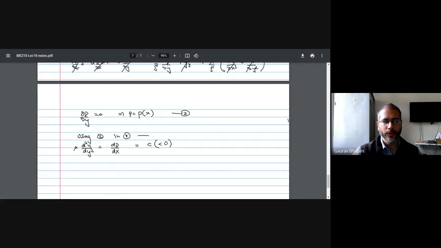If two values are equal, where one is purely a function of y and one is purely a function of x, and x and y are independent, then this can only be possible if both of them are equal to some constant c. The other thing we noticed was that since dp by dx is negative, because that is how we specified the conditions, this c is less than 0, because the flow will happen from higher pressure to a lower pressure. That is exactly where we stopped.